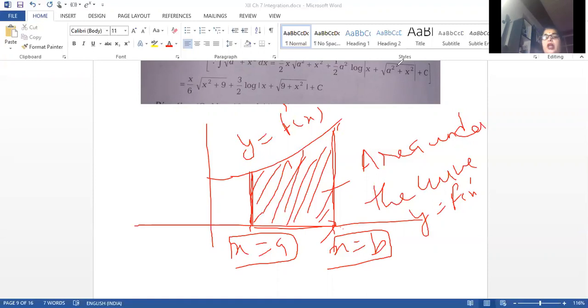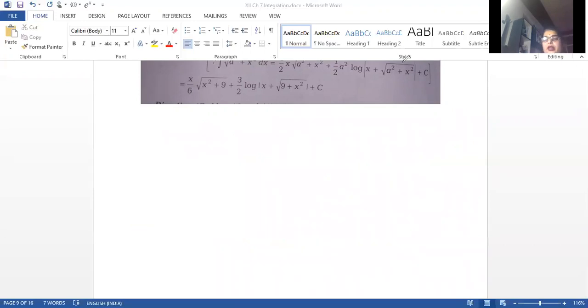Like I told you earlier also, in indefinite integrals, just see when we are having x square plus 3, x square plus 5, x square plus 7, or x square plus any constant. Clear?